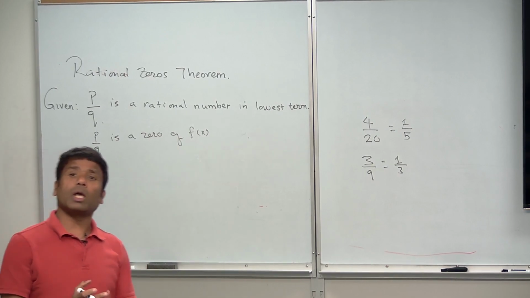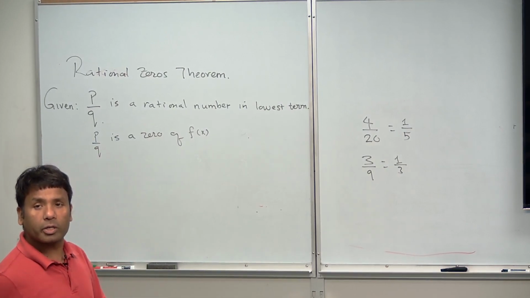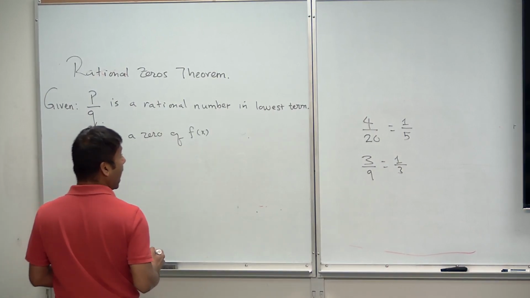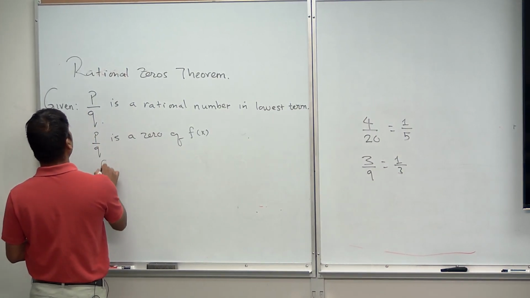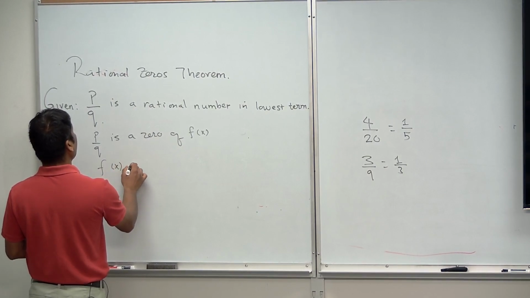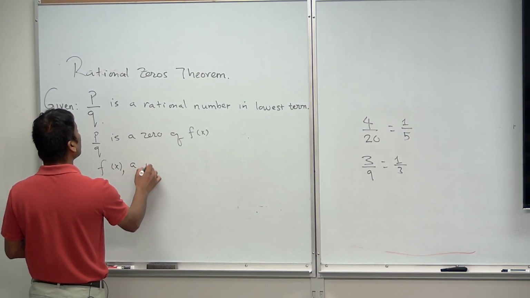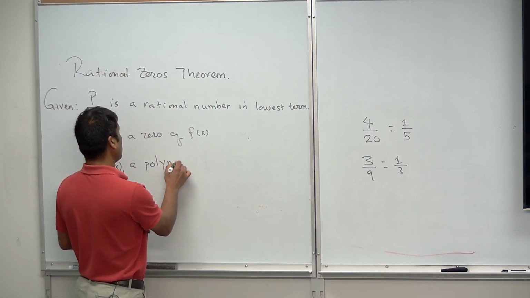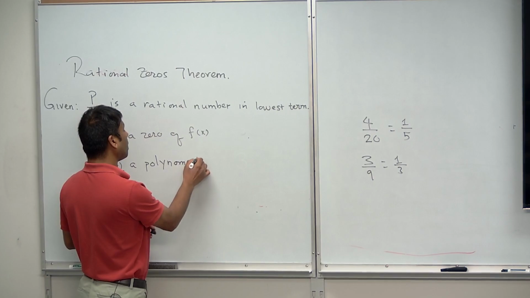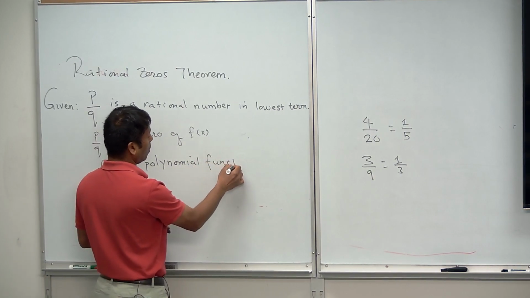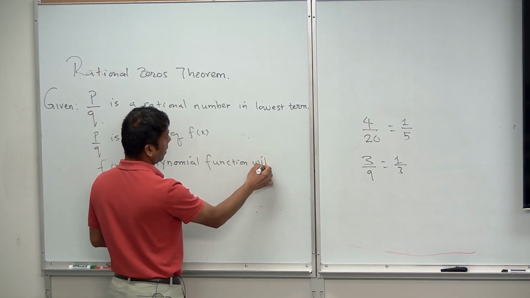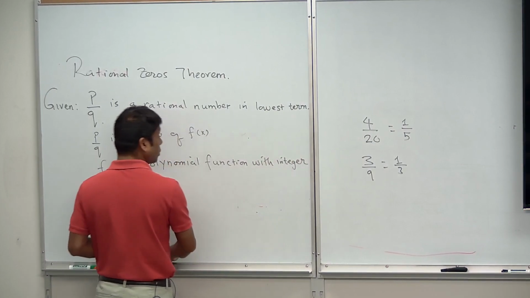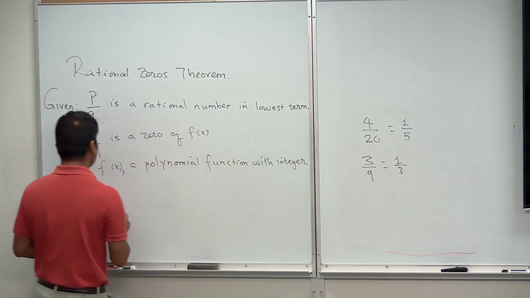P over Q is a rational number in lowest terms, and P over Q is a zero of f. And we are also given f(x), a polynomial function with integer coefficients.